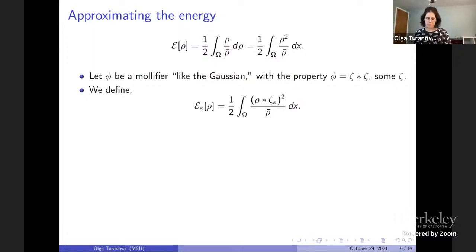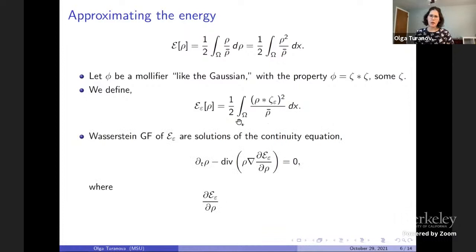In fact, there are several ways to define an energy E epsilon that approximates E in this way. And this is actually different from the way it's defined in Carrillo, Craig, and Patacchini, even for rho bar being one, I believe. But anyway, we're really going to rely on the gradient flow structure here.